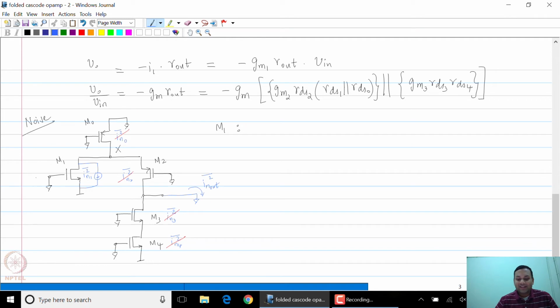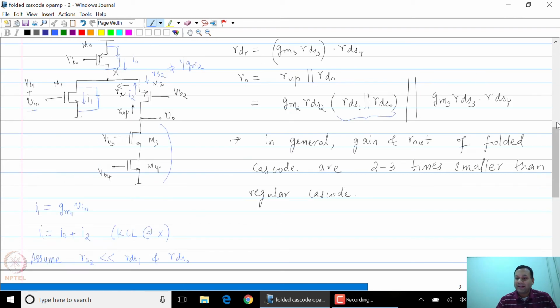So at node X, this current has 3 parts or 3 ways to split. It can split just like your small signal: through RDS1, through RDS0, and through the resistance seen looking into the source of M2.